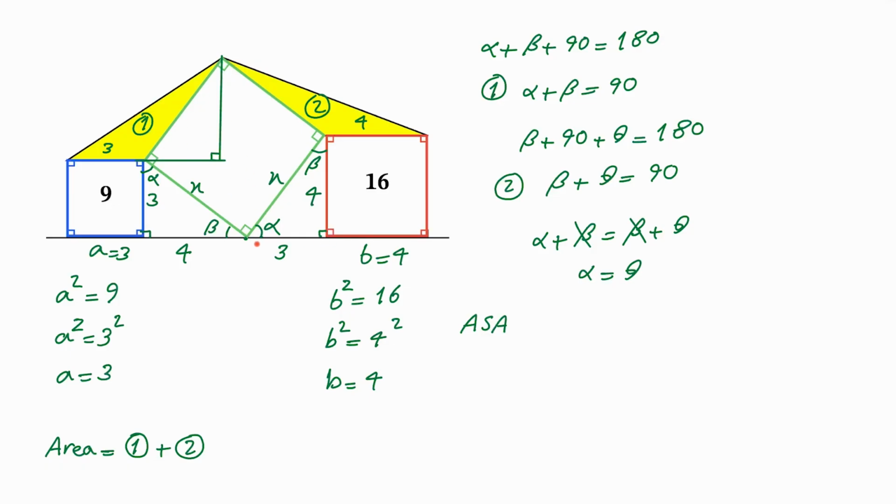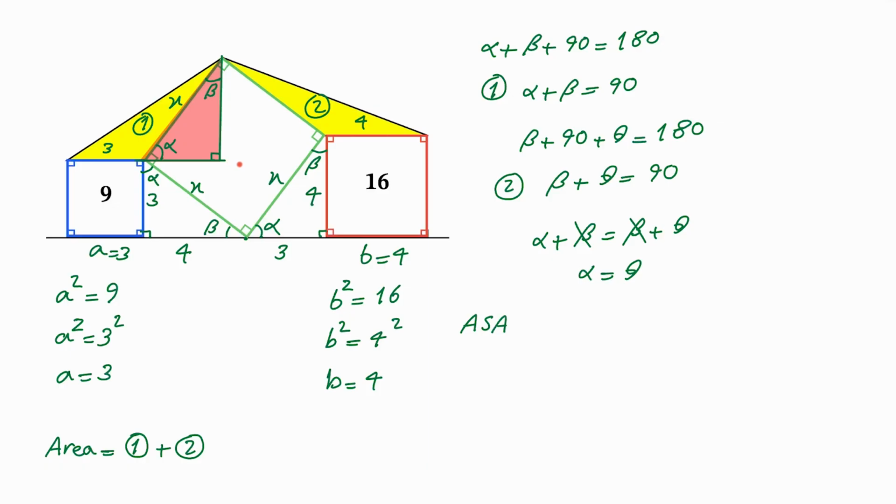This line is parallel to this line and this line is parallel to this line, so this line is x. Because this line and this line are parallel to this line and this line, we will have a beta here and also alpha here. So also we have two congruent triangles, and if we move this triangle here, you can see that they have identical triangles here.